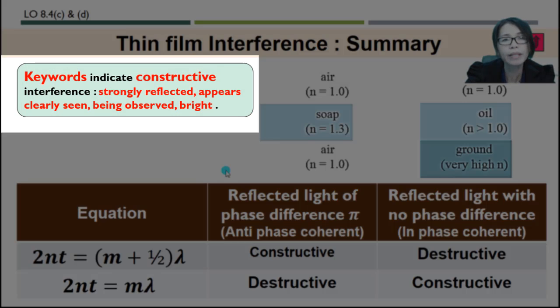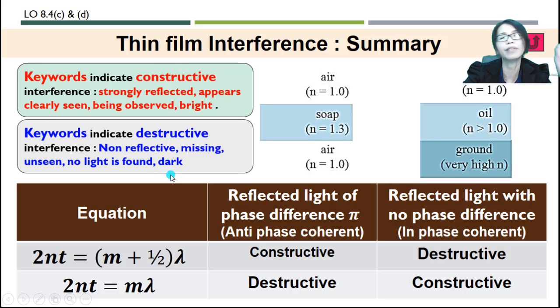So we look for keywords. Keywords that indicate constructive interference are like strongly reflected, appear clearly, seen, being observed, bright. So kalau you nampak keywords ni, itu memberitahu kita reflected light kita melakukan constructive interference. What about destructive interference?